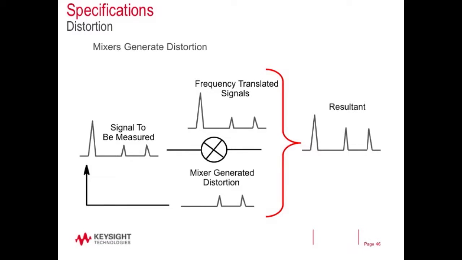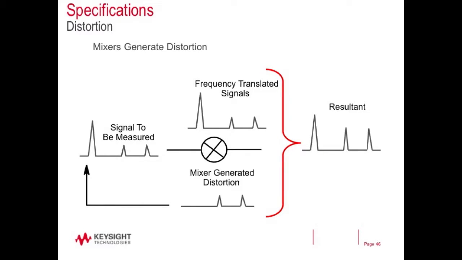Okay, so in terms of dynamic range, we kind of covered noise floor, right? Because a spectrum analyzer is made of active electronics, you can only go so low. The other part of it is the fact that the heart of a signal analyzer is a mixer, which I mentioned is a nonlinear device.